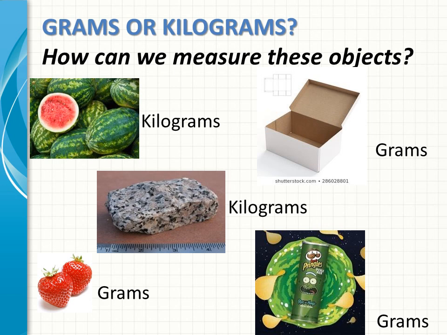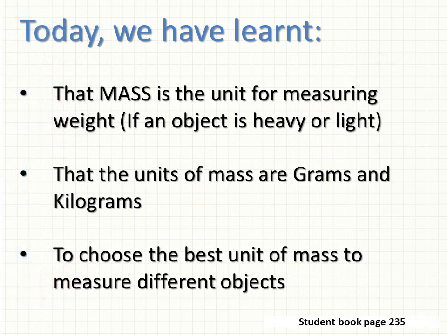Now, students, you've been able to understand that we use grams and kilograms to measure mass. And now you also know kilograms measures heavy things and grams measures light objects. Now, what did we learn today? Let's see. Today we have learned that mass is the unit for measuring weight.